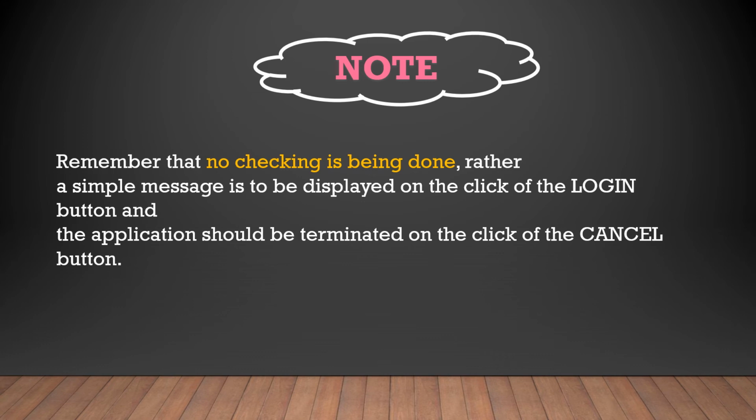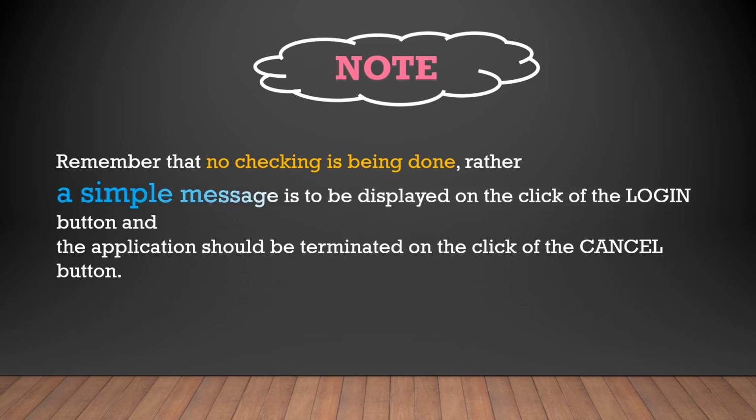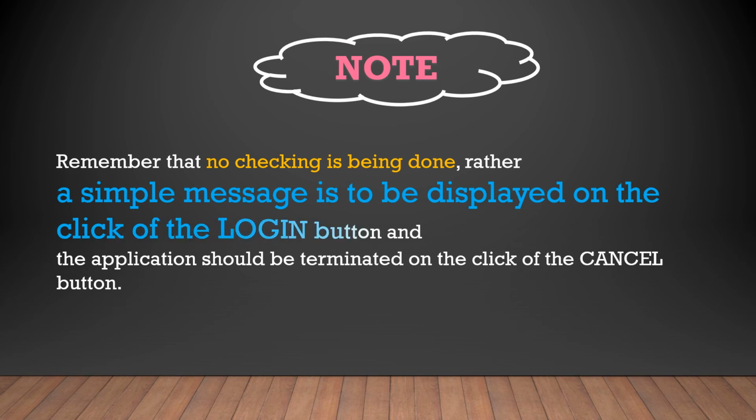So a simple message is to be displayed on the click of the login button. Means when we click on the login button, simply a message should be displayed, and no further action like checking whether the password is correct or not. This action is not going to be added here because we are just coding this application to understand the use of the password field.